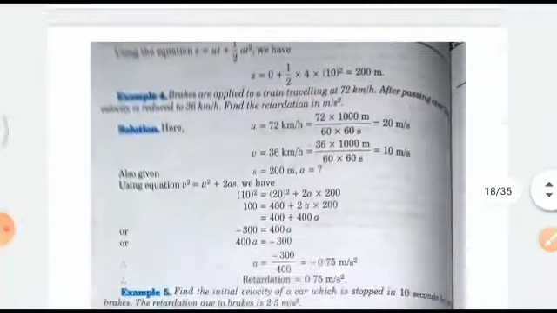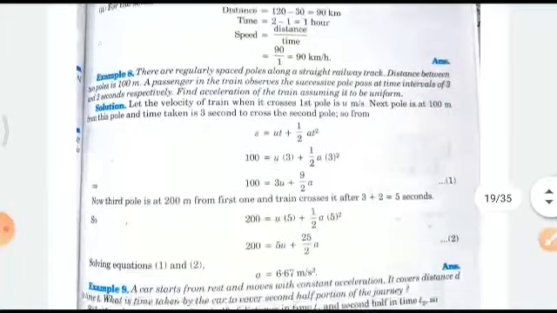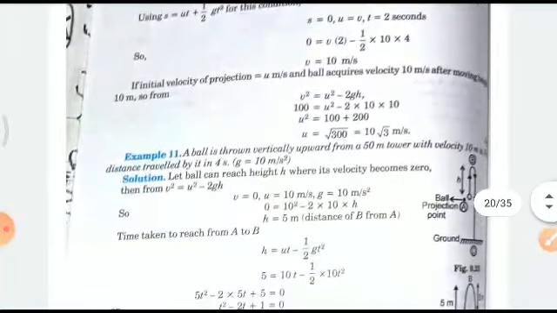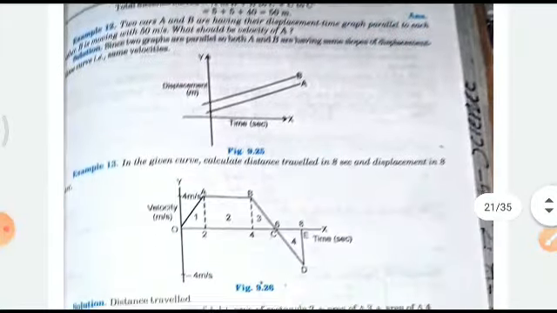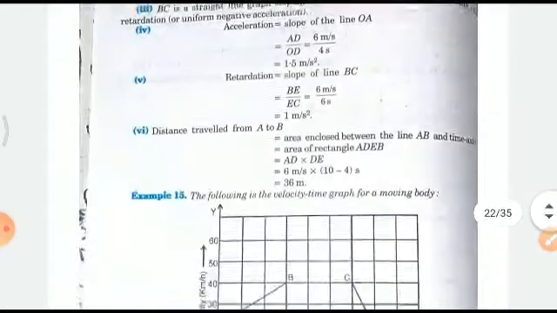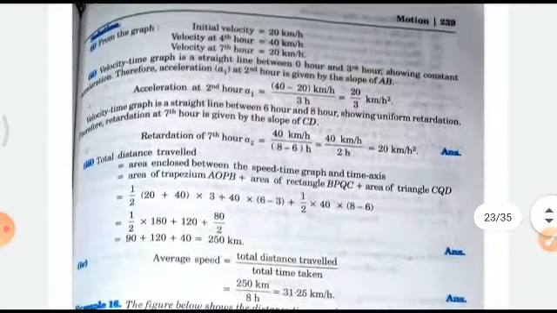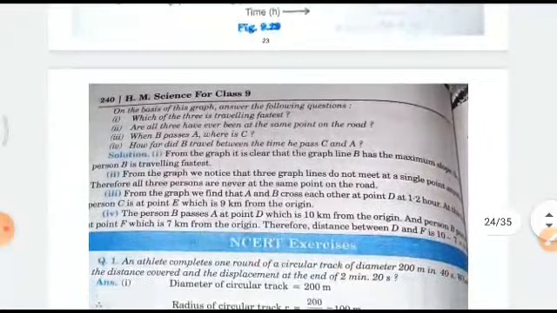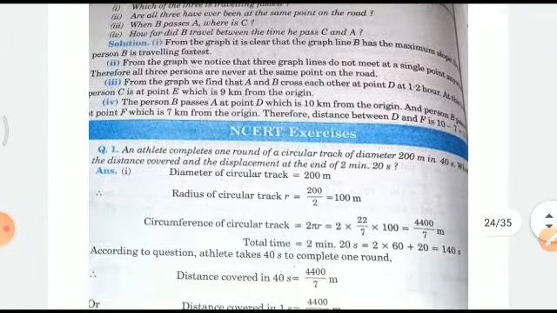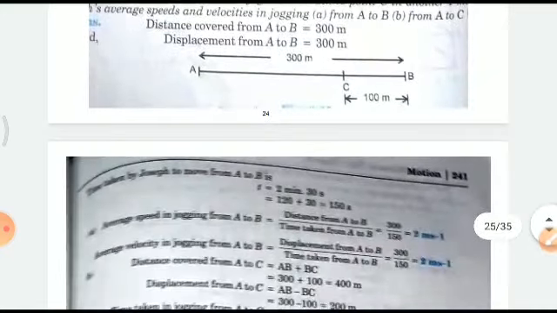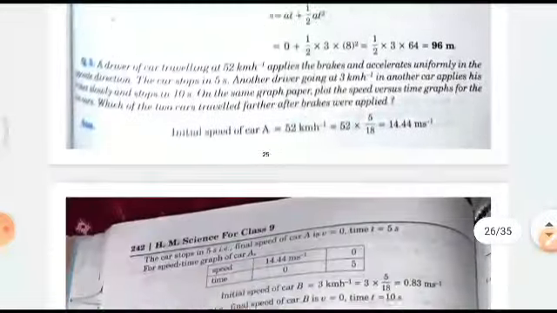Now there are some numericals given here which you need to practice. Let us move ahead. Lots and lots of numericals are there. Then there are some NCERT exercises which you will also be solving.